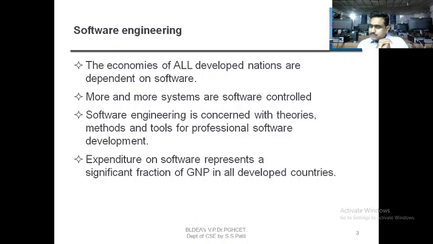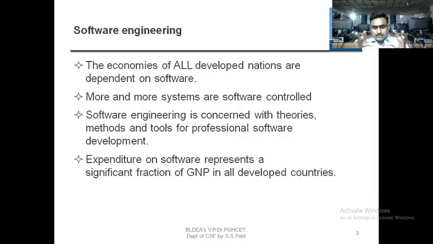Next comes software engineering. Software engineering is nothing but the systematic, disciplined, quantitative approach for the development, operation and maintenance of software. In the first year, you have not gone through it in detail, but let me tell you what exactly software is.